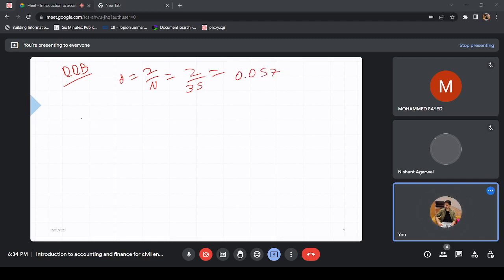Now for the fourth year, as you can see, it is not quite as straightforward as it was in the previous cases.